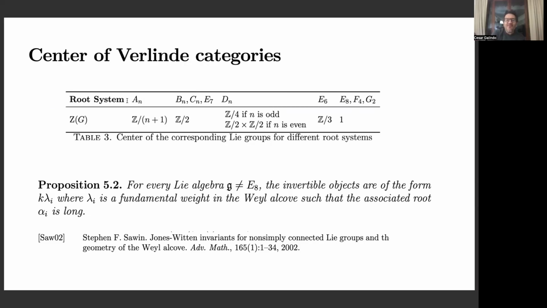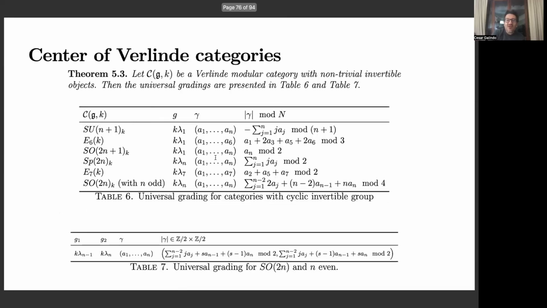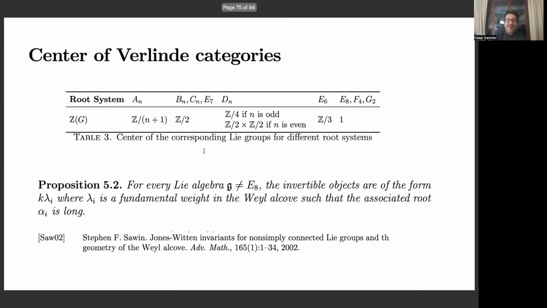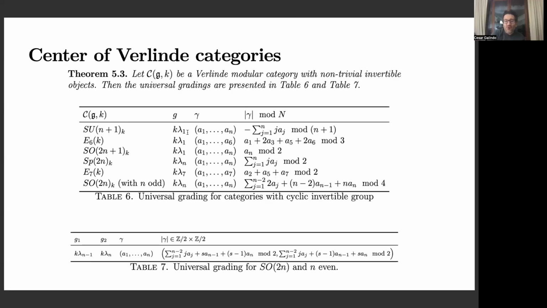And so we can even say explicitly what is a generator of AN, and what are generators in each one of these cases. So by fixing generators for each case, we can explicitly describe the grading, because as I said, there is a grading associated in the case of AN over this group, in those cases over C2, and in these cases over this, and we can produce explicit formulas for the grading in terms of the description that I said before.